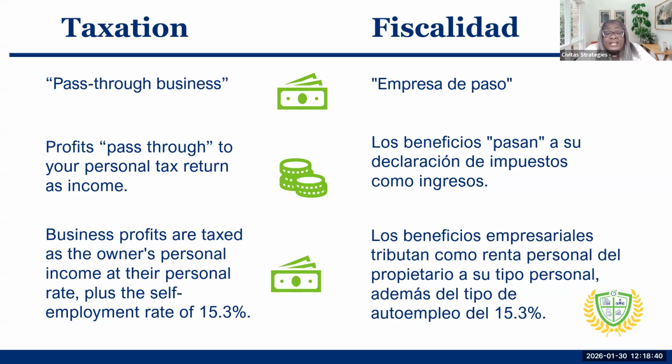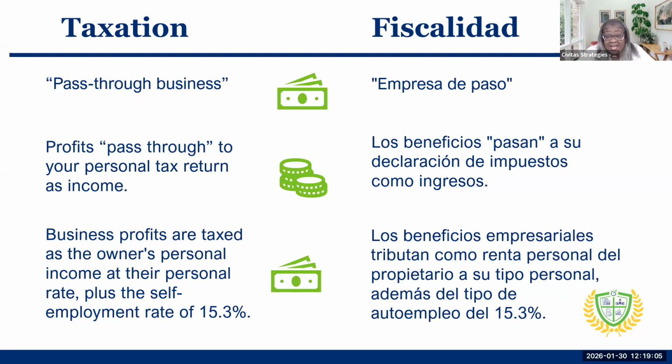Keep in mind, I do want to say this much too. If you are owing taxes at the end of the year, one of the things that you're going to want to do, which is something that I wish my accountant had told me, is to understand and learn how to pay your taxes quarterly, because getting hit with a big tax bill at the end of the year is difficult for anyone, right?